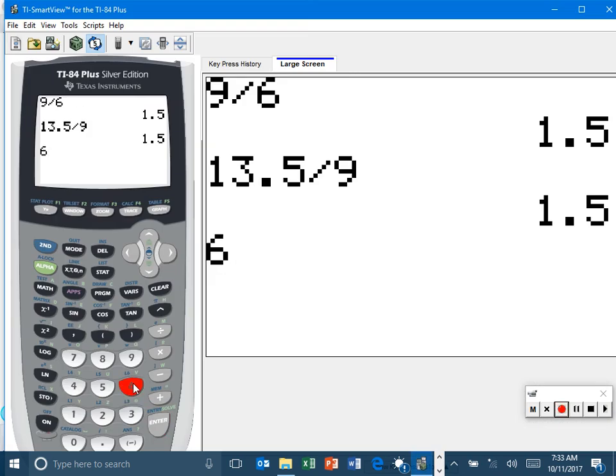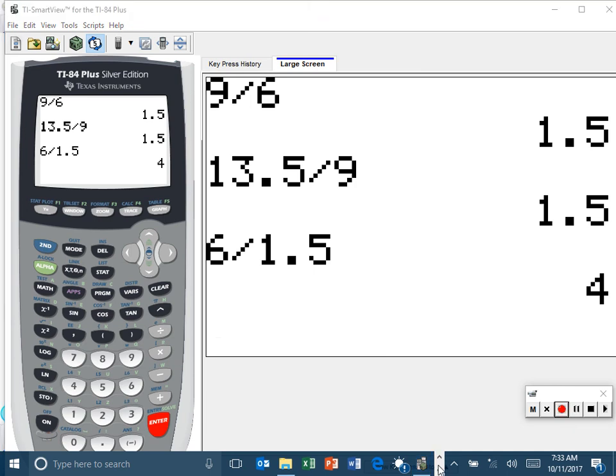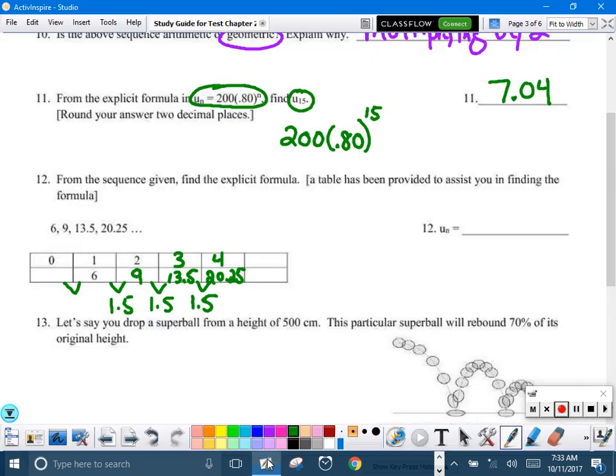Instead of multiplying by 1.5, we're going to divide by 1.5. And that's what goes under the 0. Again, think about what I did there. All right, so get back to here. So this is a 4. Again, we went backwards, and we divided to figure out what's under the 0.